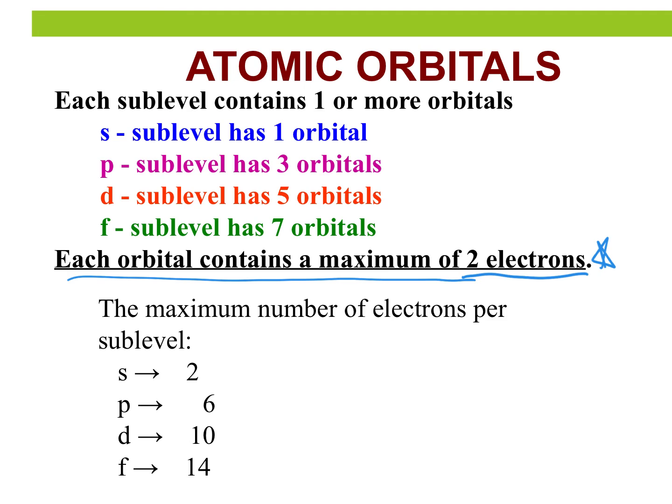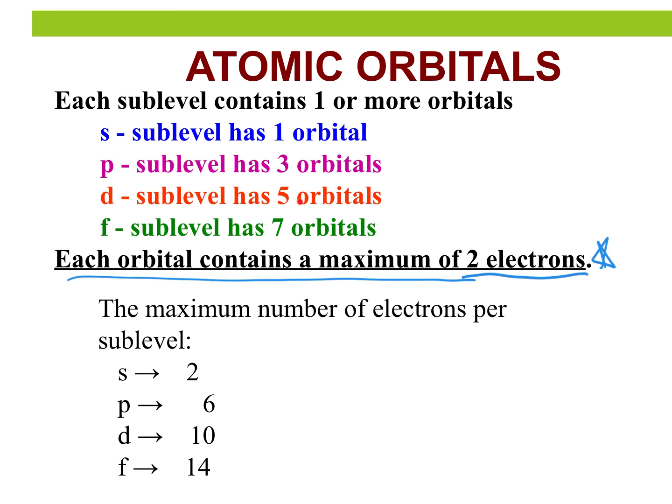Now let's figure out how many total electrons are in each sublevel. The S sublevel has 1 orbital, and how many electrons can fit inside 1 orbital? 2. So the S sublevel can have a total of 2 electrons. The P sublevel has 3 orbitals.